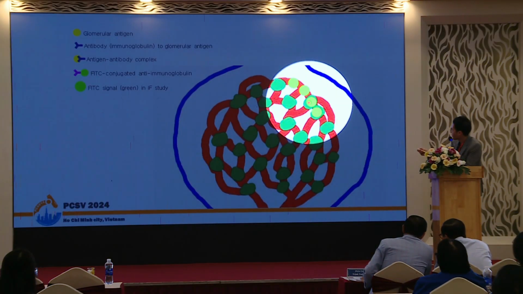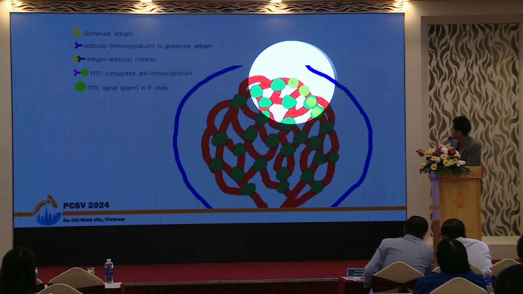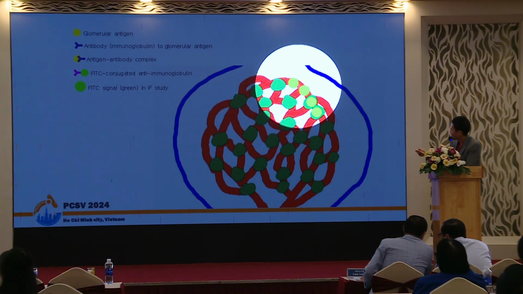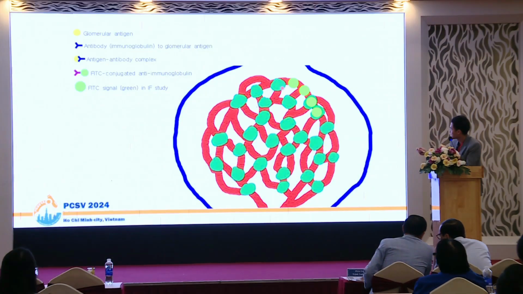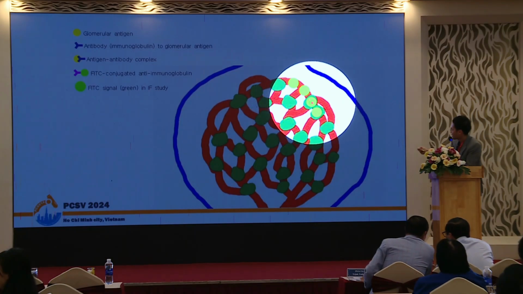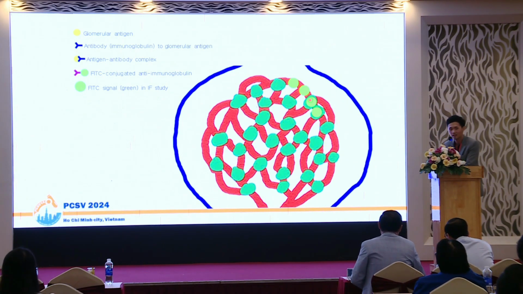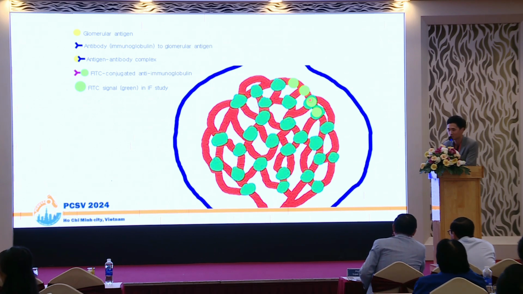And also for the location, if we see signals on the capillary wall, there are autoantibody or immune complex deposit in the capillary wall. Or if we see the signals in the mesangium, we can say the immune deposit is located in the mesangium.